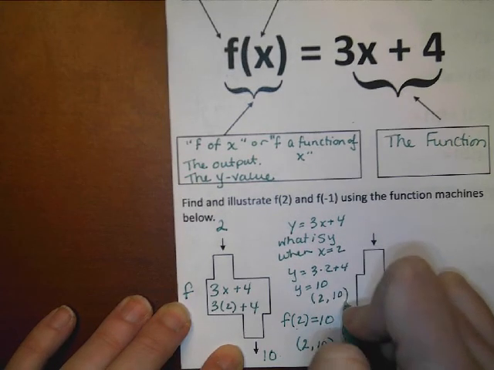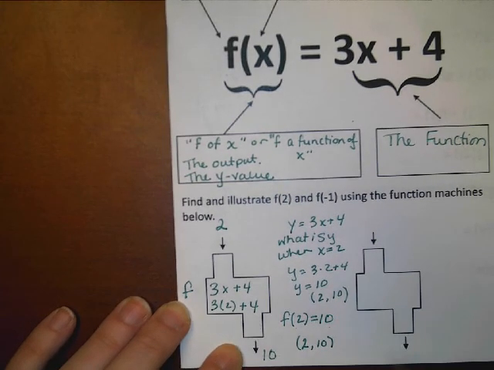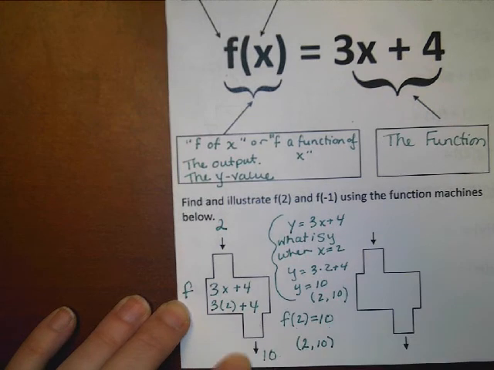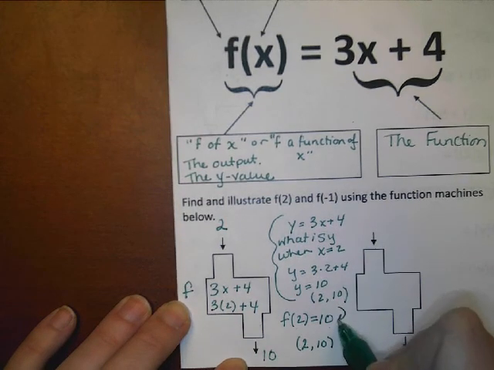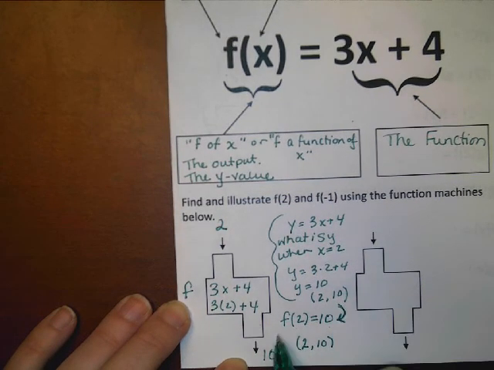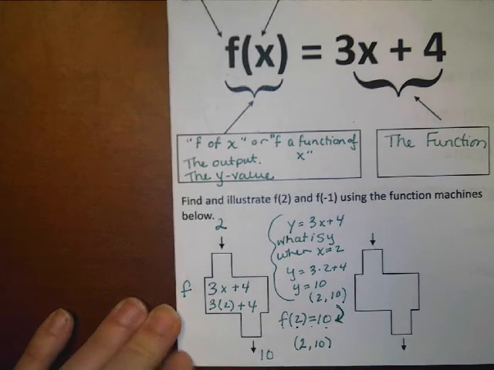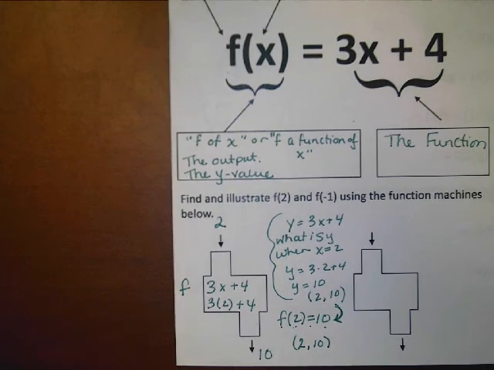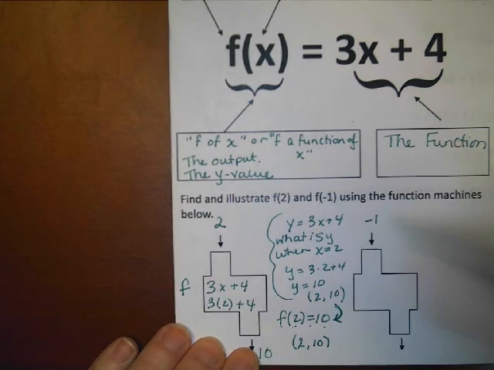So then I'd have to write 2 comma 10. All of this whole nonsense is summed up by this one statement: f of 2 equals 10. Does that make sense? All of that is summed up. That's why the f of x is a far more powerful tool than just y equals. So we're going to use it a lot more.